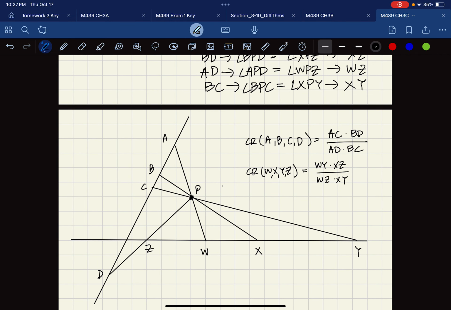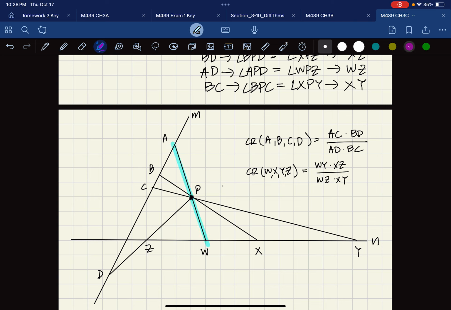If we again take this as our line M, here's our line N, we choose our point P, and we let W, X, Y, and Z be in perspective with A, B, C, and D. So if W is in perspective with A, then the line from A through P has to include W, right?